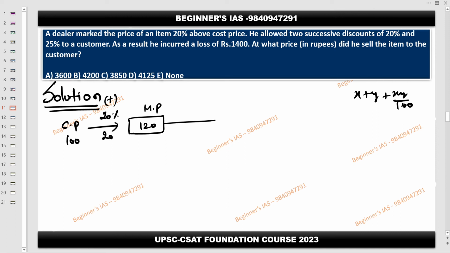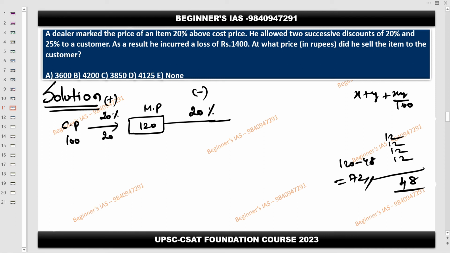Okay, listen. If you are doing such a thing, 40% is a total. Then 48 rupees. Subtract 120 minus 48, 72.